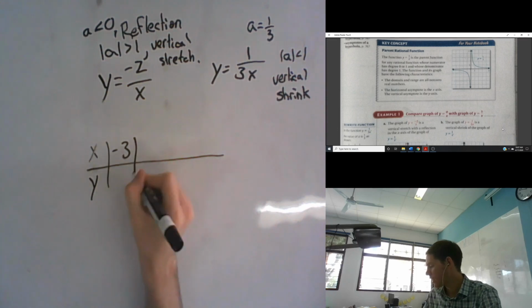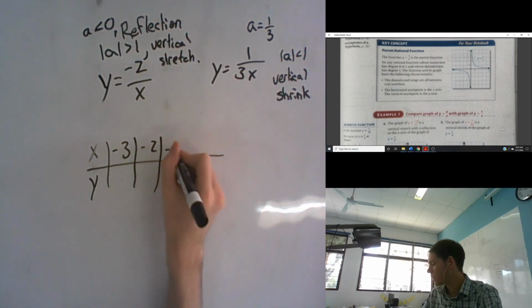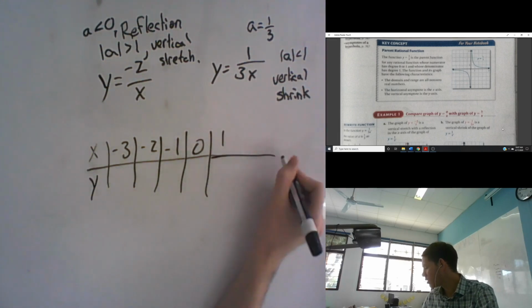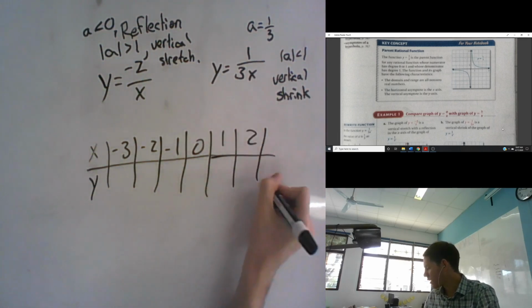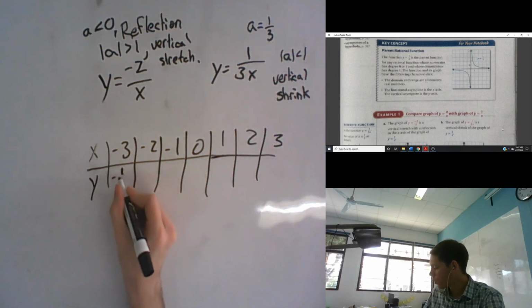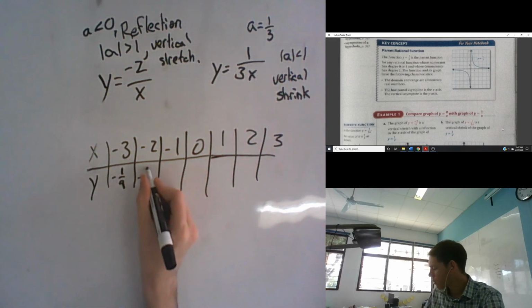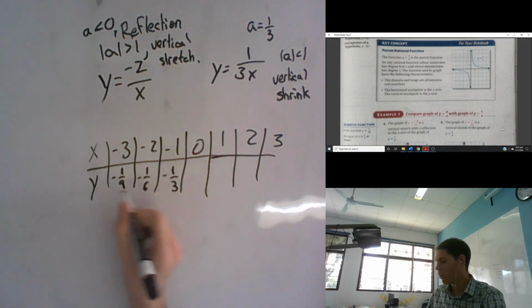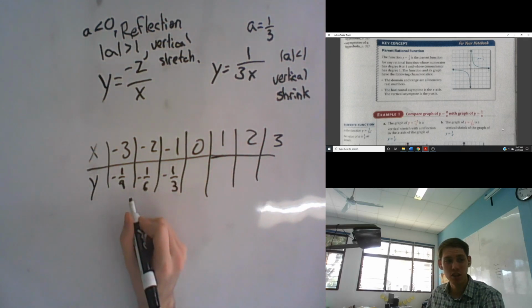Okay, -3, -2, -1, 0, 1, 2, and 3. So I plug in -3, I get -1/9. Plug in -2, I get -1/6. I plug in -1, I get -1/3. So see, all of these are smaller.